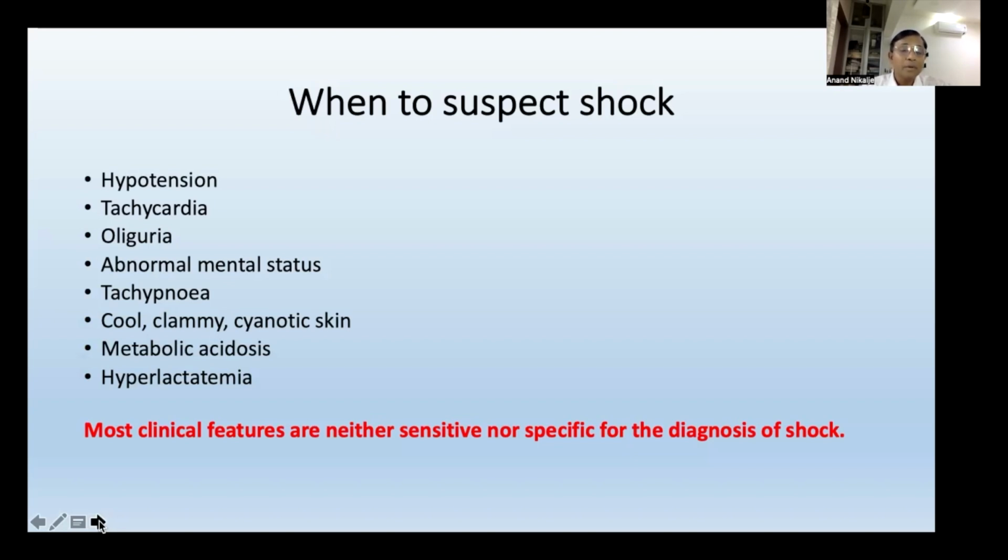Sometimes you get metabolic acidosis and hyperlactatemia, which are objective markers of shock. But all these clinical features of shock are neither sensitive nor very specific to diagnose shock. Hypotension and tachycardia can occur in multiple conditions, even when the patient is not in shock. So you have to remember that clinical signs may not be very specific for diagnosing shock.